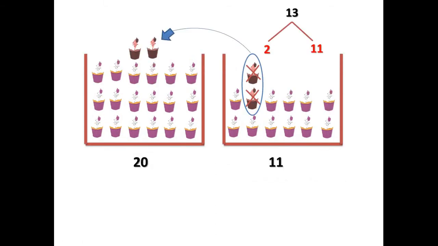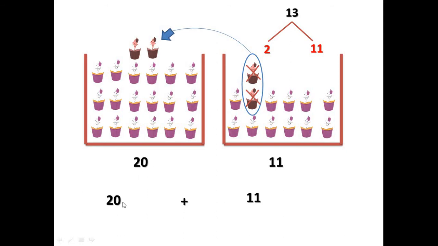He told me that now we have in the first plate 20 pieces, not 18, because he took 2 pieces from the second plate and put them in the first one. So in the first plate now we have 20 pieces of cupcakes. And in the second plate now we have 11 pieces rather than 13.